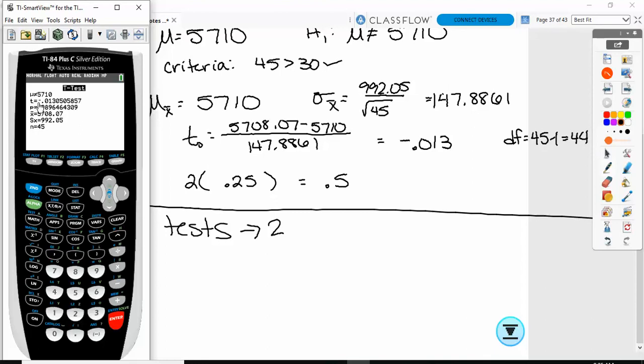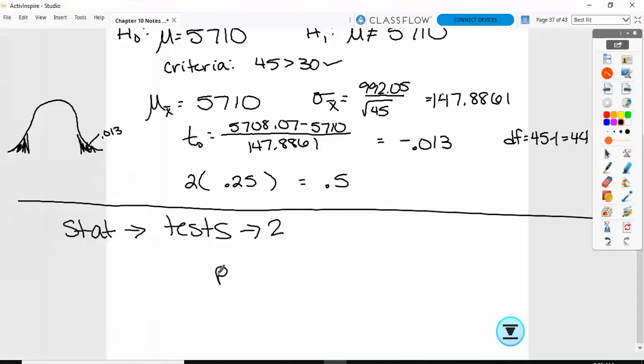All right. So when we look through this, it gives us our t statistic. What is the actual probability here? You can see how far off we were. We estimated a 0.5 using our table. It's actually 0.9896. Now, either way, we would have had the same conclusion.